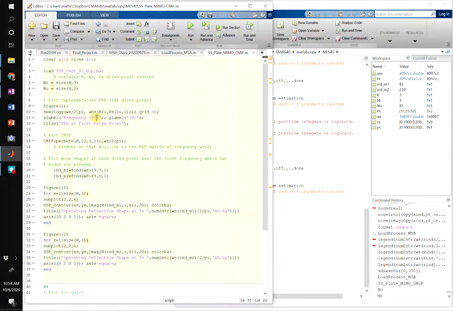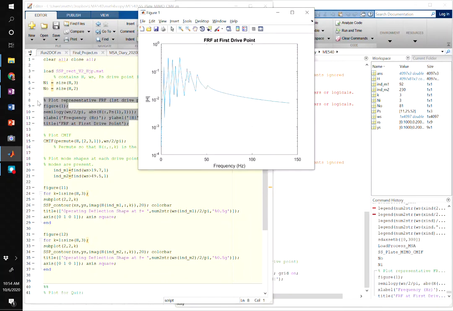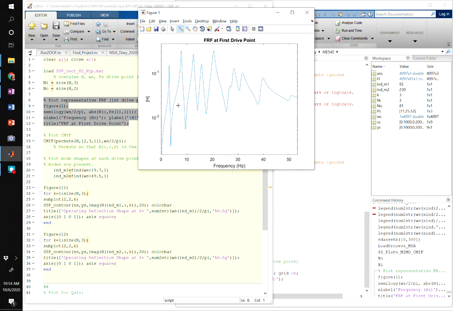So what this first plot does is show you what the FRF might look like if we just measured it at one drive point. And if we zoom in a little, here are all the different modes. And from this, there's no indication of whether they're close modes or not. If the frequencies are close enough, we can't see them at all by looking at this.